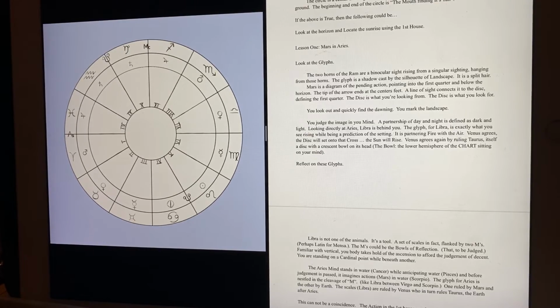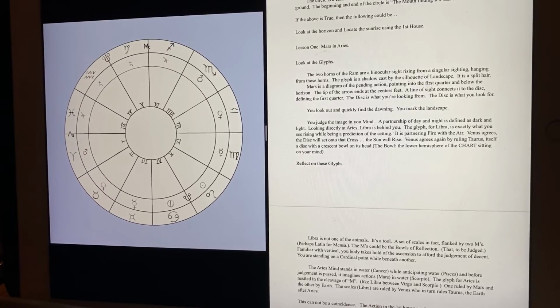Looking directly at Aries, Libra is behind you. The glyph for Libra is exactly what you see rising while being a prediction of the setting. It is partnering fire with air, and Venus agrees. The disk will set onto the cross.